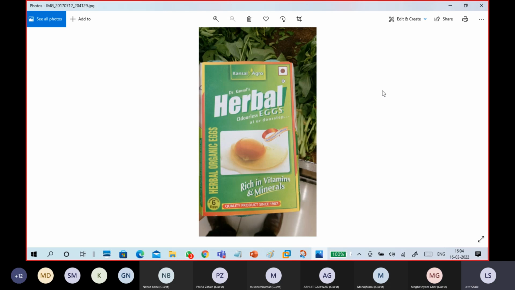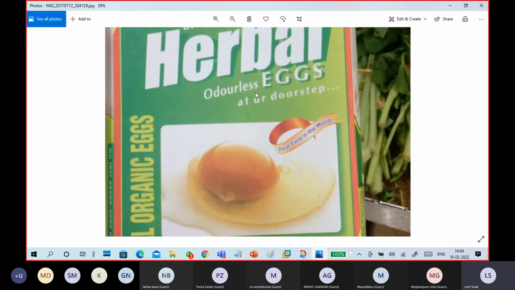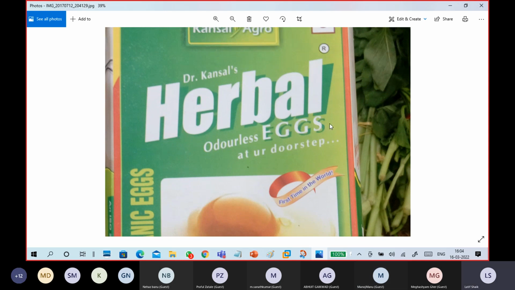It's not a fake photo. I took this picture in the shop. That shoe is my shoe only. Replacement of original egg. It is eggs only. Look at this. Herbal eggs.